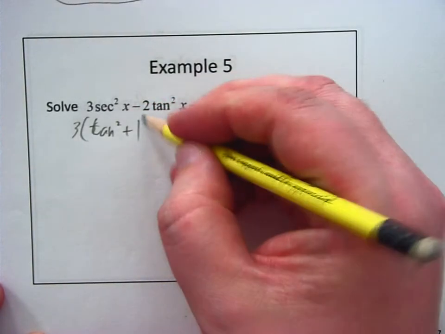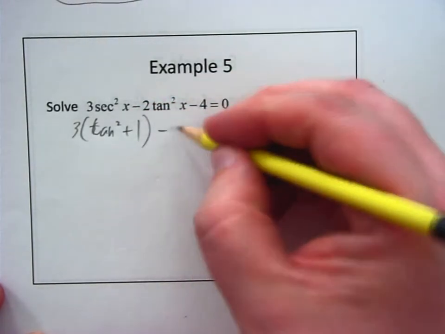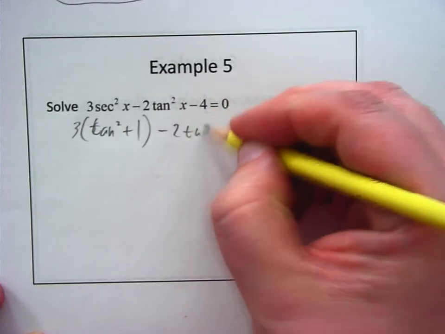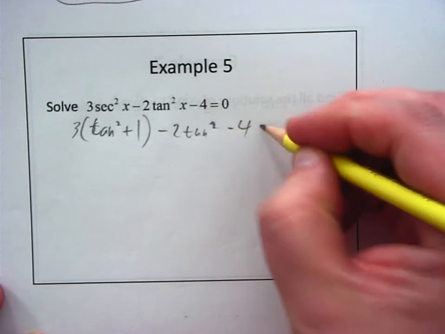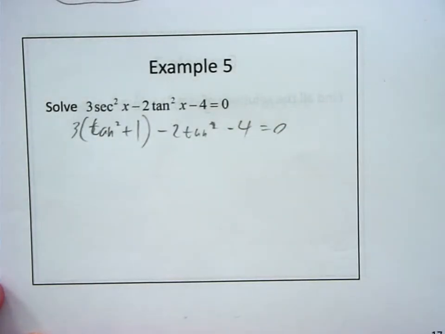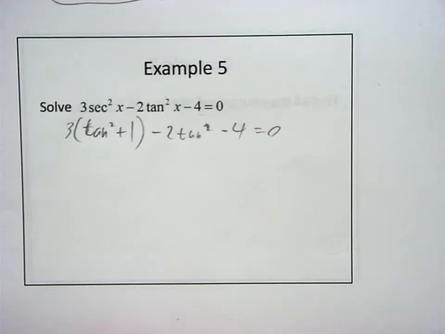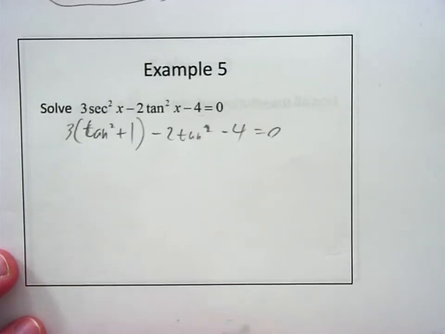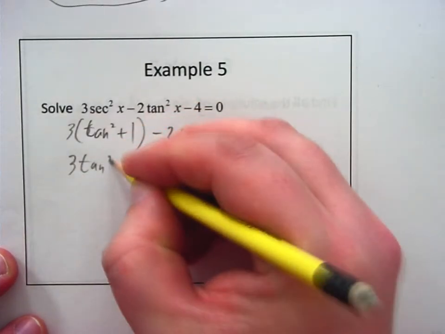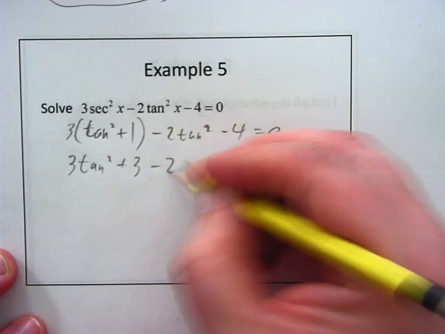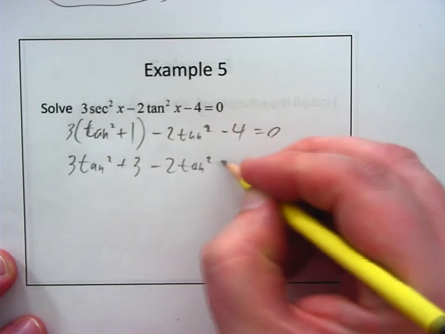So 1 plus tangent squared or tangent squared plus 1, either way, minus 2 tangent squared minus 4. So, now what? Clean it up. Simplify it. Distribute 3. I have 3 tangent squared plus 3 minus 2 tangent squared minus 4.